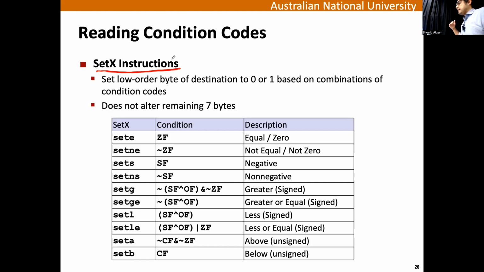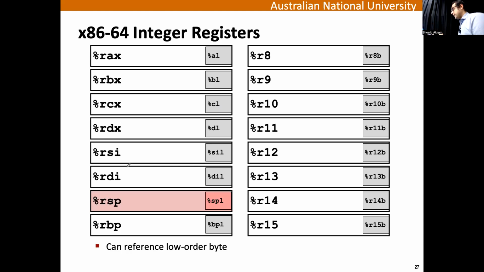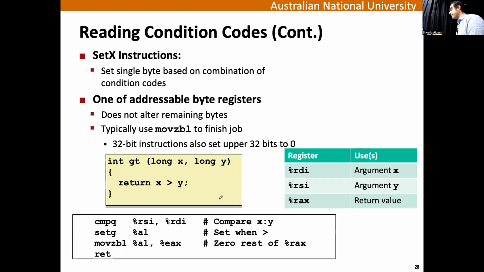What they do is they set the lower order byte of a destination to 0 or 1 based on different combinations of condition codes. So equal, not equal, S, not S. The conditions are right here. It's very similar to the ARM way of doing it. So you can set the low order byte of a register. Let's look at an example. It will be more clear than that.